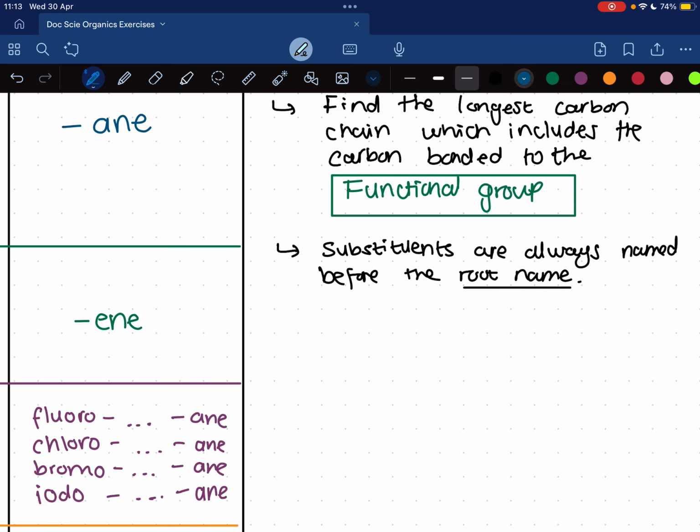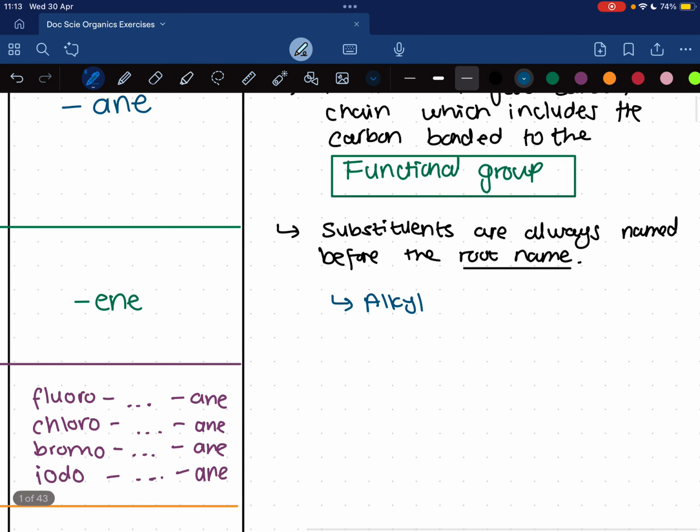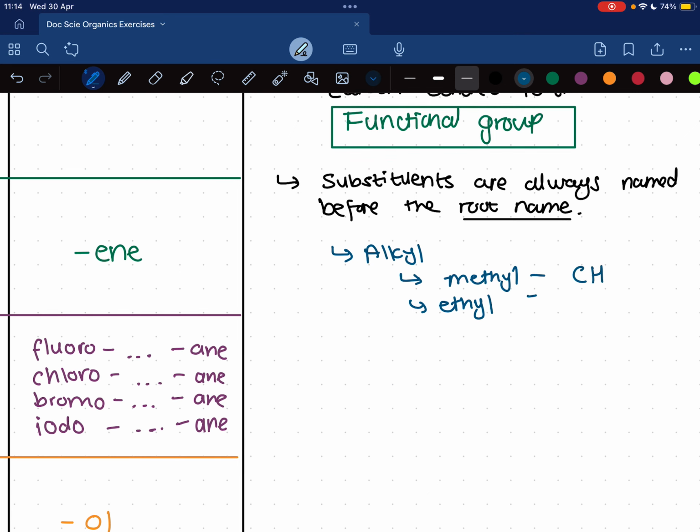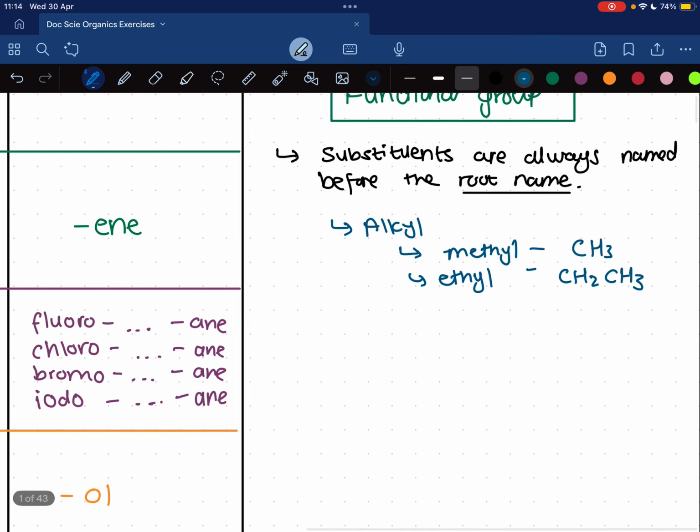An alkyl substituent is like a methyl group and an ethyl group, where the methyl is a single CH3 side chain, and an ethyl would be a CH2CH3 side chain. Then the other substituent is the halogen.